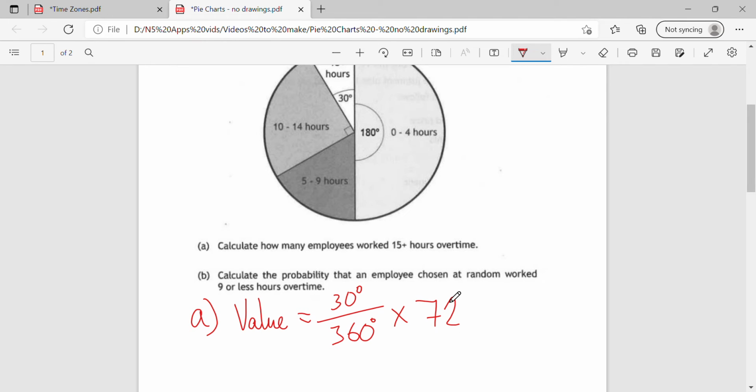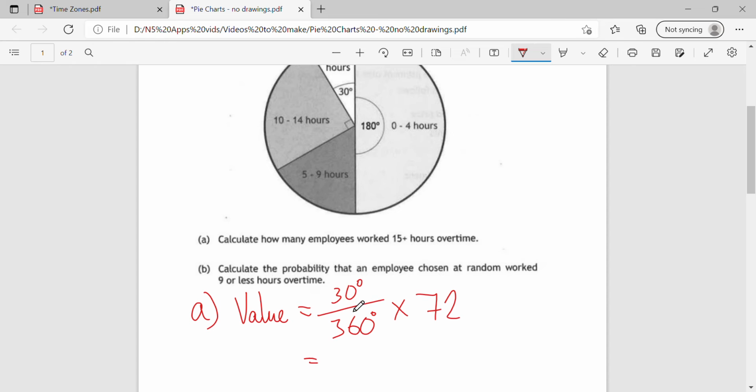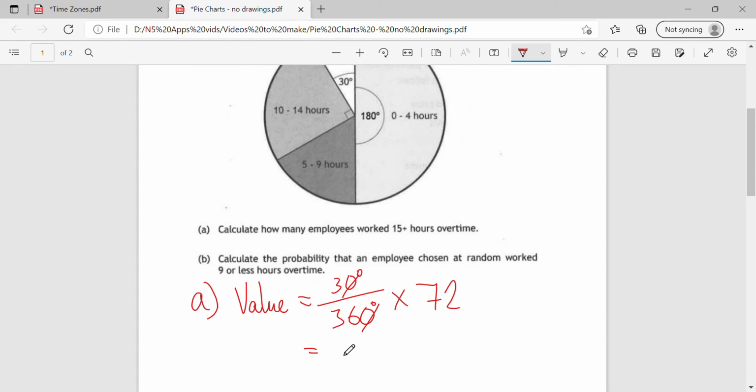Now, just to demonstrate to you, if this was a non-calculator question, what we would have to do is simplify this fraction first before trying to do any kind of multiplication. So we're going to simplify this fraction first. I can divide both of them by 10, so I'll get 3 over 36, and then 3 over 36 simplifies down to a 12th.